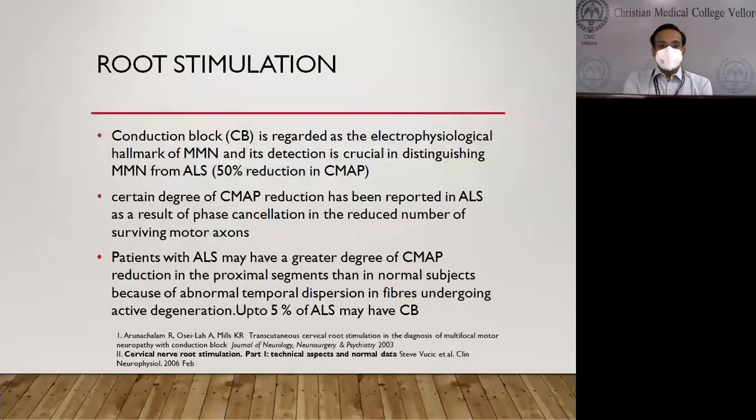Now, a brief note on root stimulation. It's important to understand that we use it only in very select situations. These are situations where patients come with very asymmetric, focal, long duration weakness in a patient who is not typically ALS. When we look at weakness, we say that we have a myotomal pattern of weakness.